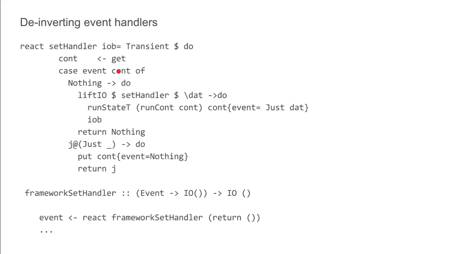That means that we are at the time of setting the handlers, because the application has never passed through react before. So we set the handler for the framework with the continuation, the current continuation of our recipe.